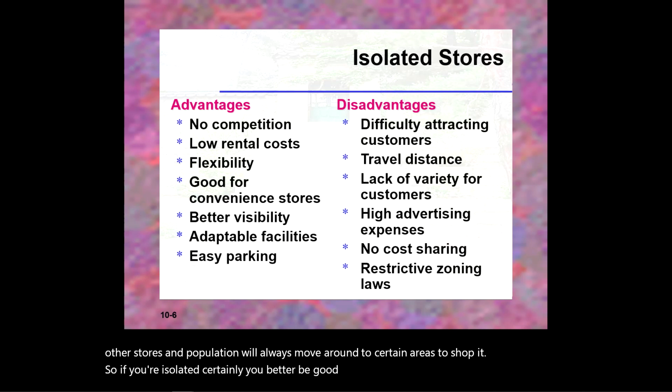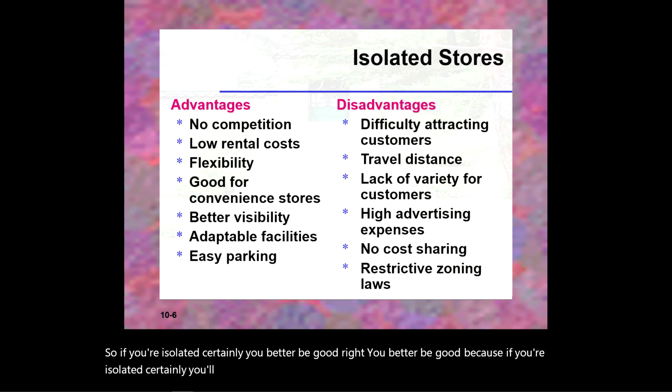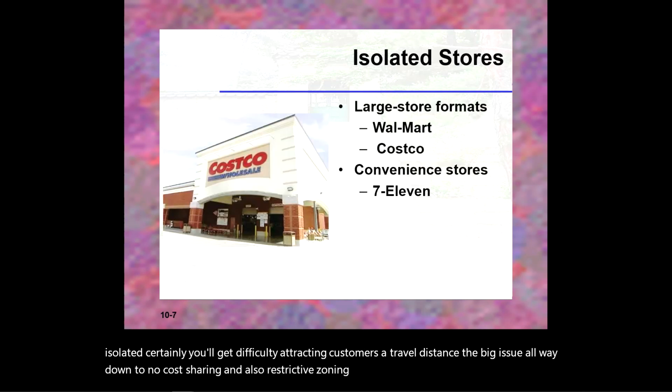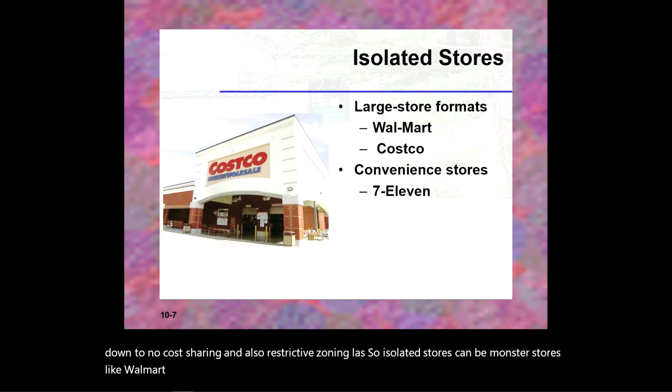You better be good, because if you're isolated, certainly you'll have difficulty attracting customers. Travel distance is a big issue, all the way down to no cost sharing and also restrictive zoning laws. So isolated stores can be monster stores like Walmart and Costco. It could also be other types of stores, like convenience stores such as 7-Eleven.